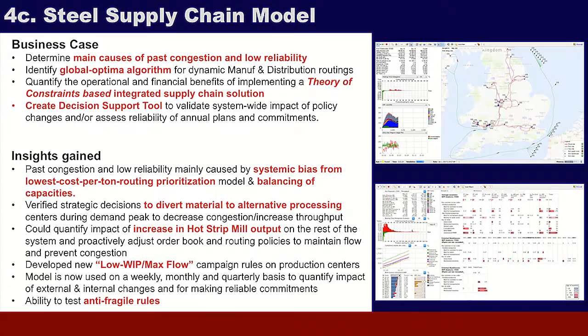Some of the insights: they had developed this incredibly complex algorithm for their sales team, so that when a salesperson receives an order, the system generates for them all the possible ways of manufacturing this coil and all the possible ways of distributing this coil. Now, of course, the salesperson had to make a selection.